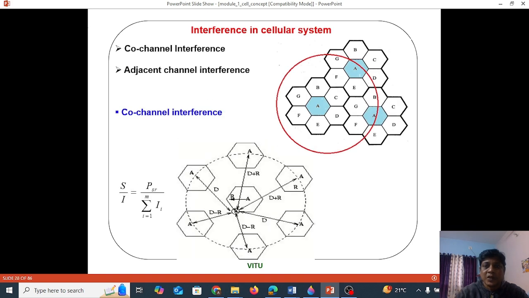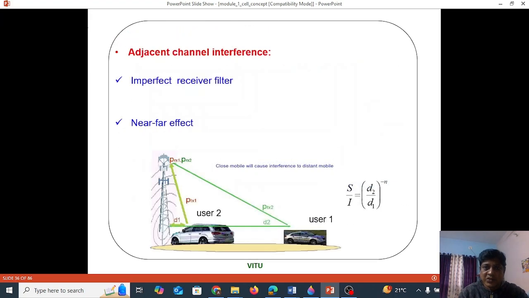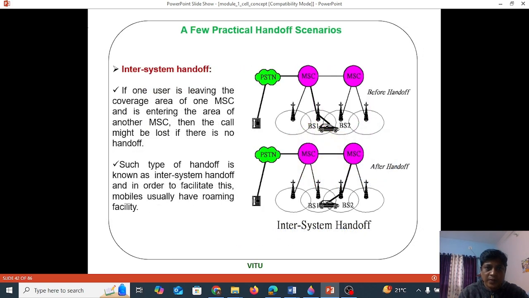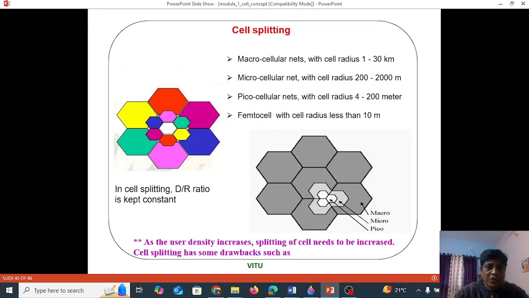See, this A and this A are co-channel cells, so they can interfere with each other. So you can look at the distance D between them. Now if you see here, once it is split, look at here.